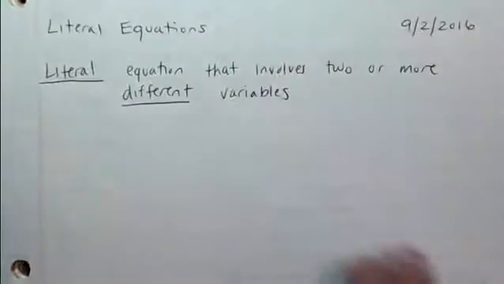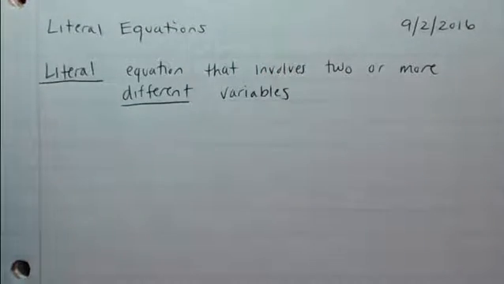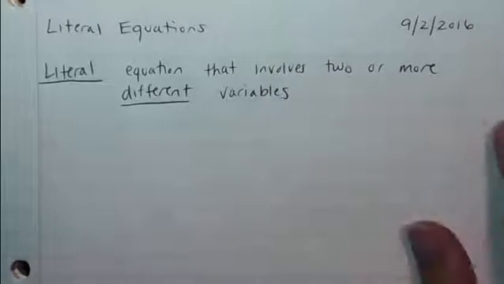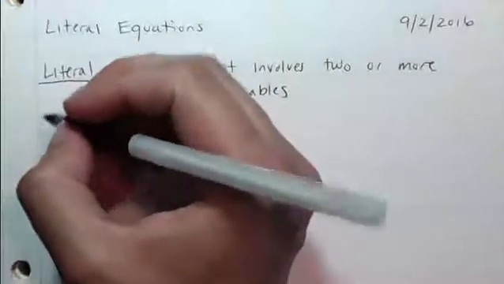So instead of solving for x, we might have an x, y, and z all in one equation, and they're going to tell us what they want us to solve for, whether it's x or maybe y or maybe z. So we'll start off with some equations that are familiar to you guys from last year.